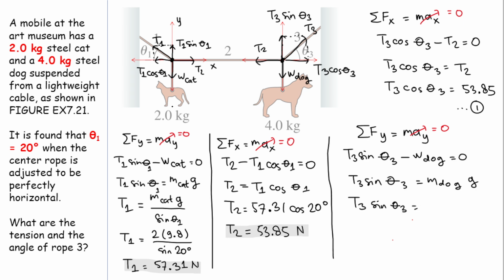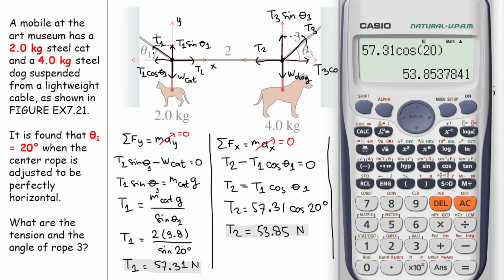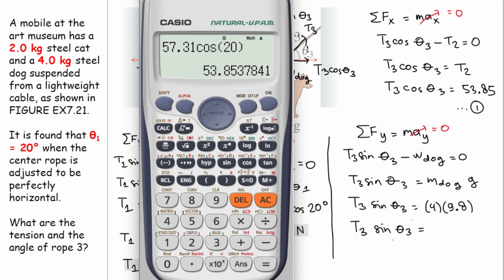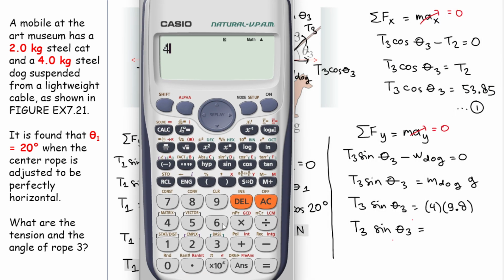And what is the mass of the dog? We will have 4 kilograms, and g is 9.8. So we will have T3 sine of theta 3 equal to 4 times 9.8, and we'll have 39.2.